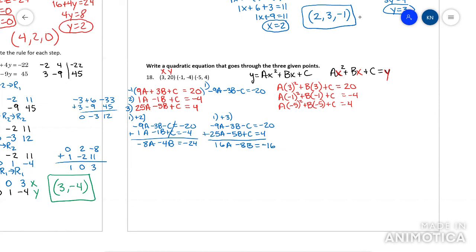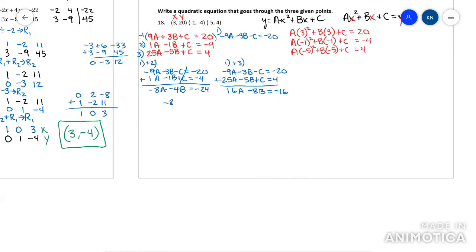Okay. Now that I'm here, I'm going to go vertical with these equations. All right, now you stack them vertical because you're going to have to do elimination one more time.